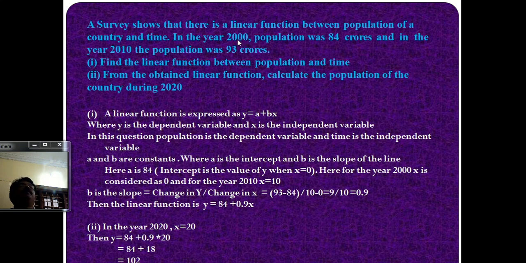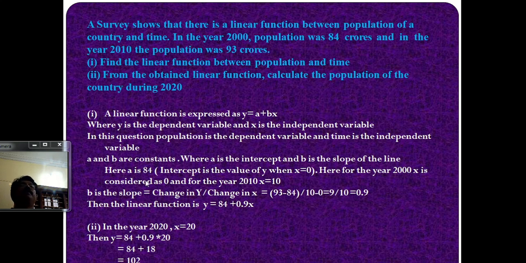So here in the year 2000 we consider x is equal to 0, and for 2010 we are considering x is equal to 10. Here y1 is equal to 84 and y2 is equal to 93.